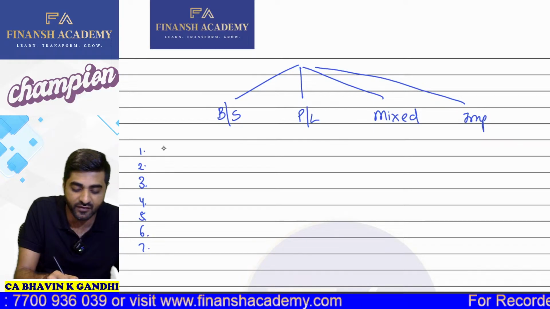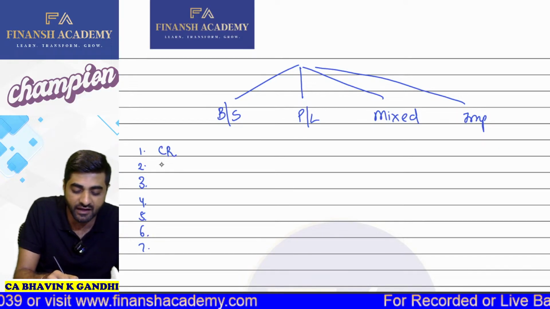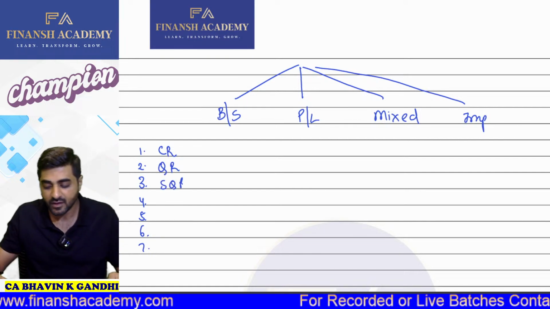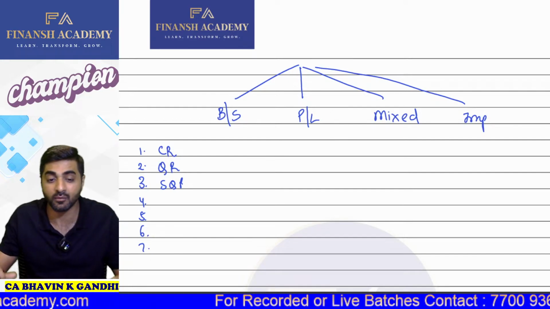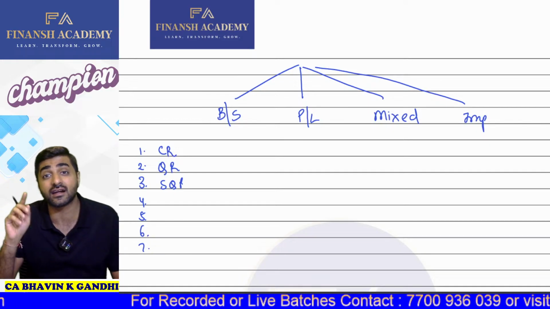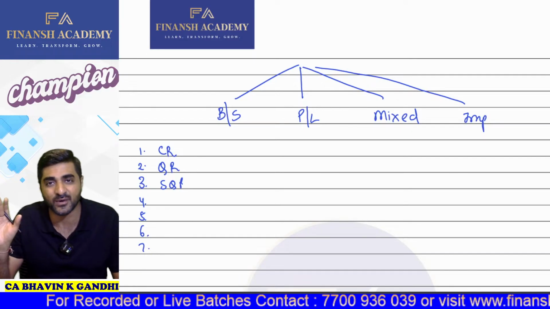The first one is your current ratio. Then we have quick ratio. Then we have super quick ratio. Now, in current ratio, my dear students, your numerator and denominator both come from your balance sheet. The formula for that was current assets upon current liabilities. The standard ratio for that was 2 is to 1.